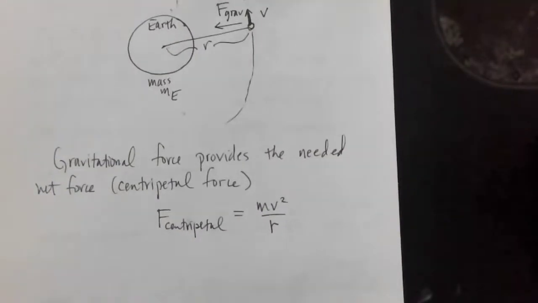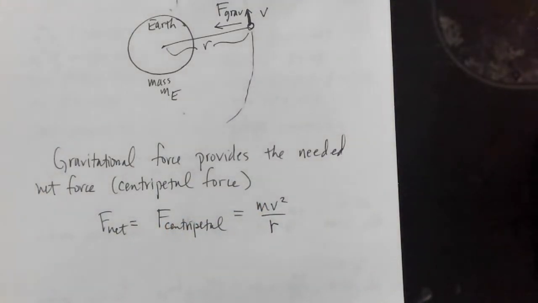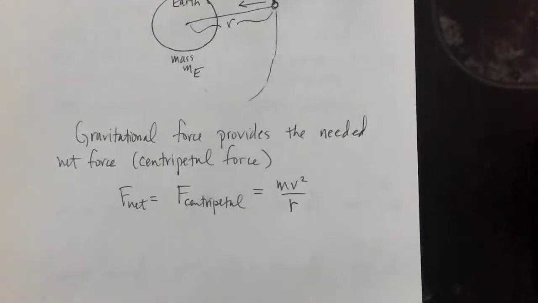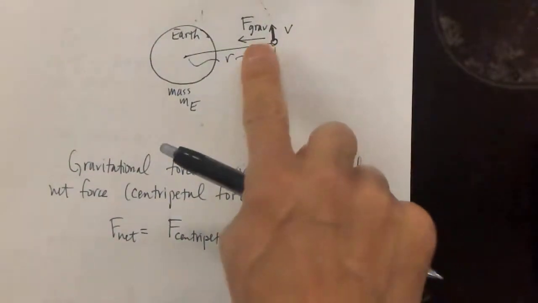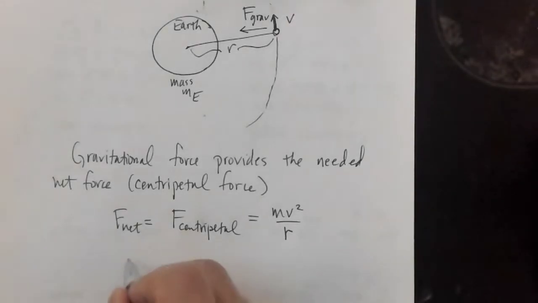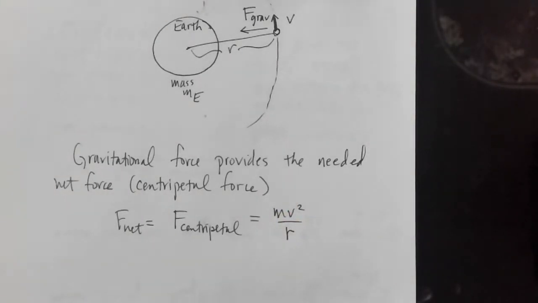Remember, centripetal is not a new force. It's simply the net force you need to go around a circle. So the gravitational force is that net force. There are no other forces in this problem. And so as a result, we can say that the force of gravity is equal to mv squared over r.